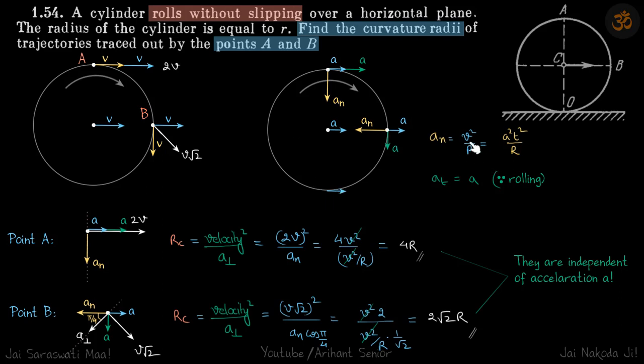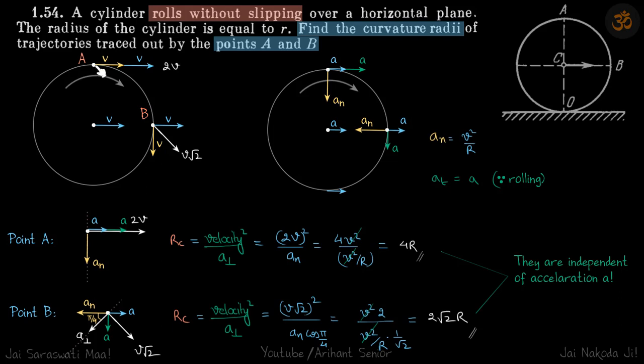And the normal acceleration will be v square by r. If it is a uniform acceleration, we don't need this term. So the normal acceleration is just v square by r.